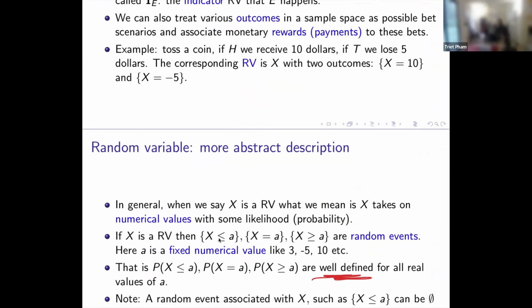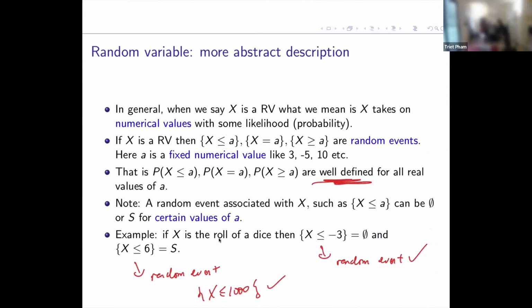Okay, and so the sort of things we're interested in is to calculate this kind of probabilities, or more precisely, given a description of a random variable, how do we work with it, and how to work with it, at least at the beginning, involves calculating probability of events connected with X like this.